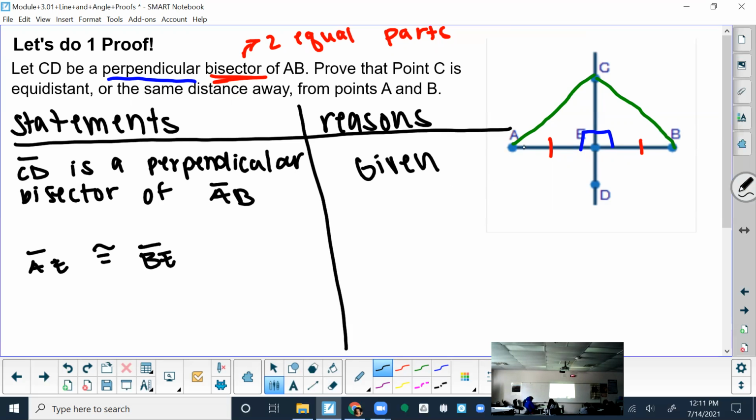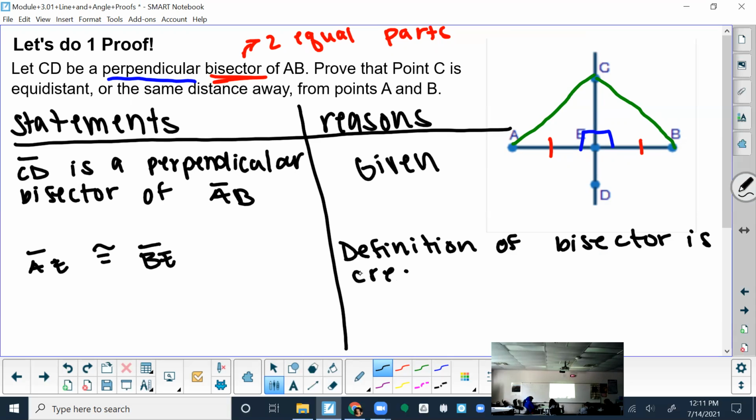How do we know that they are the same distance? Because of bisector, right? So you can put for the reason, definition of bisector, or you can be more specific. You could say definition of bisector is creating two equal halves.